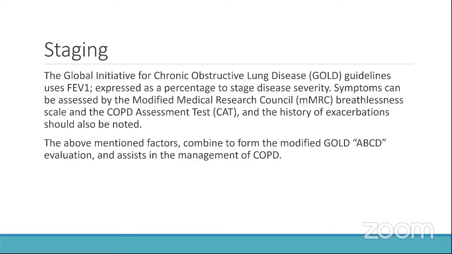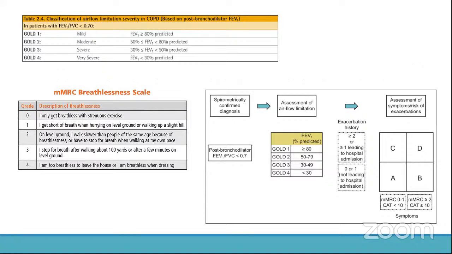So breathlessness is assessed using the Modified Medical Research Council breathlessness scale, as well as the COPD assessment test. And then third, you would also consider the history of exacerbations.